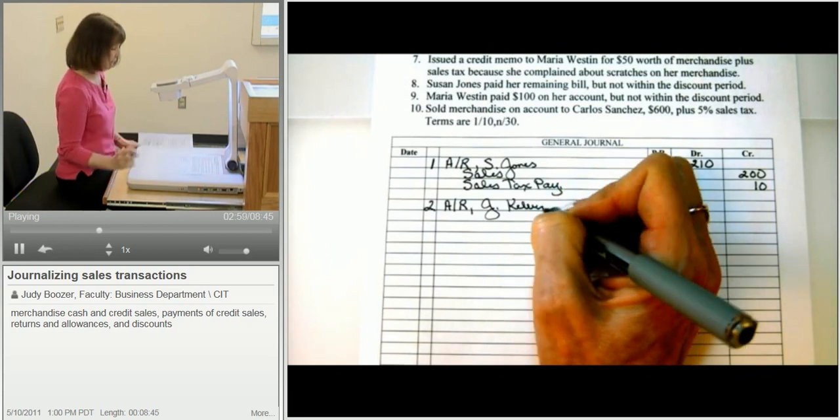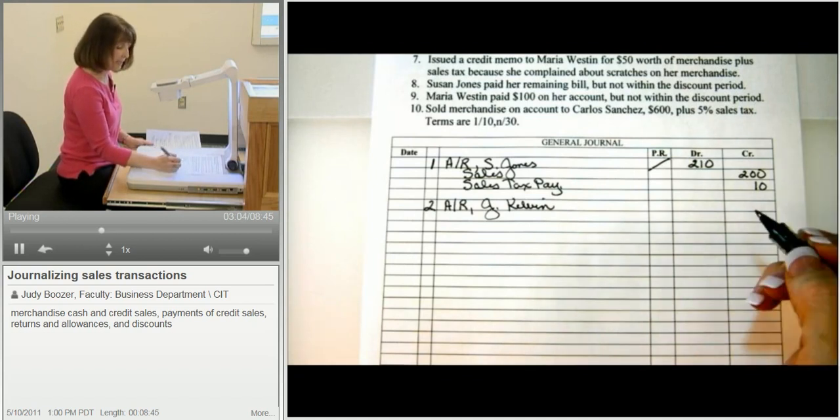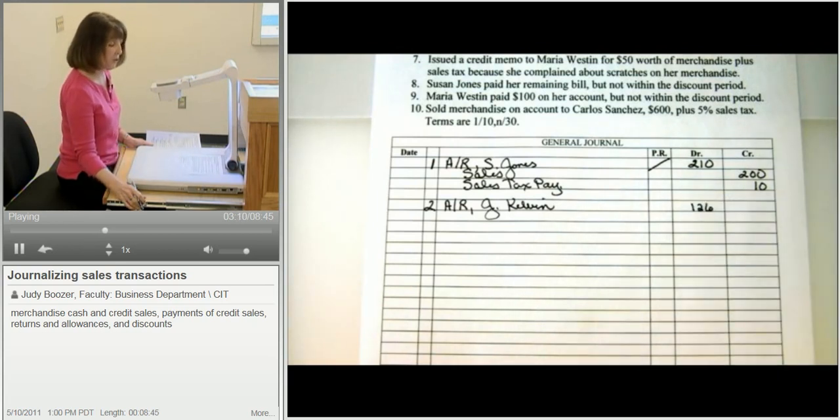For how much? $126, which is the sale from the $120 purchase and the sales tax associated with it.